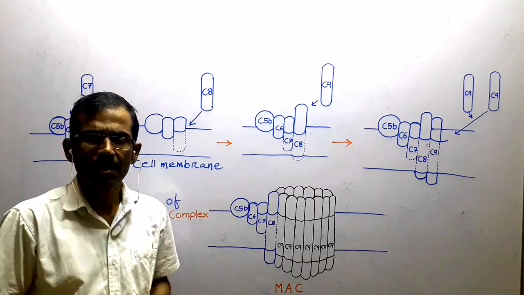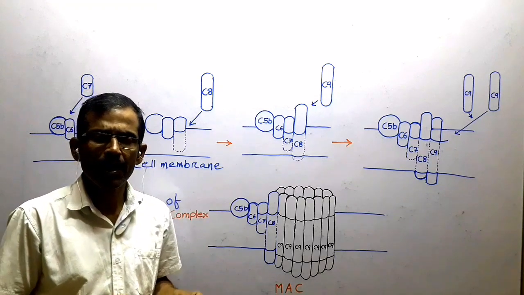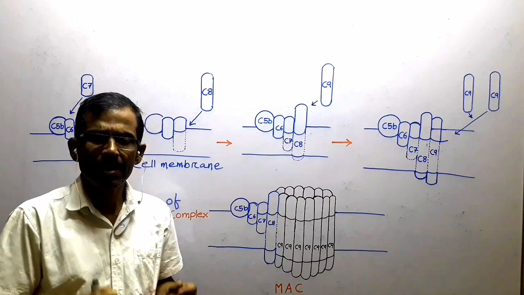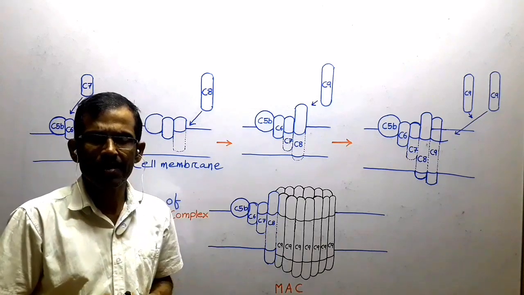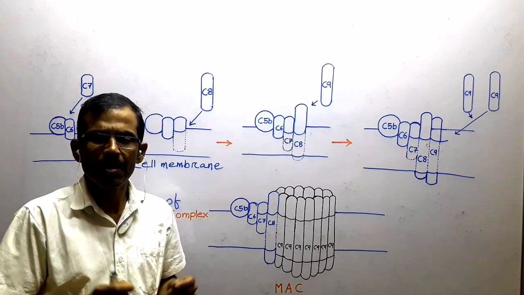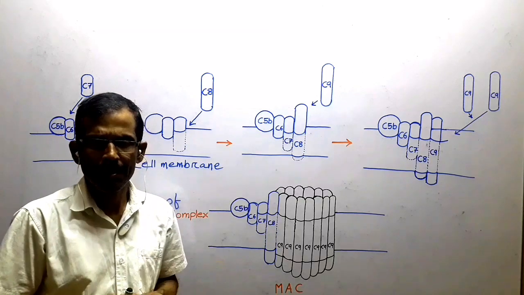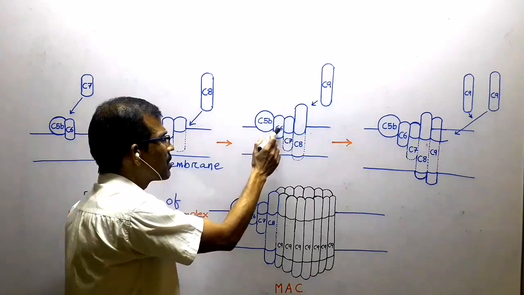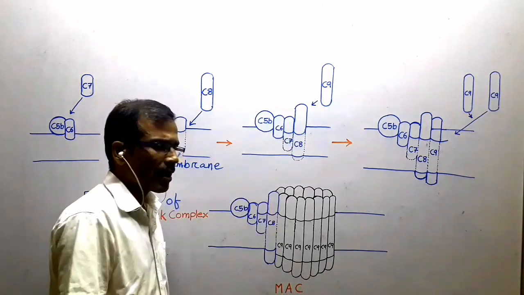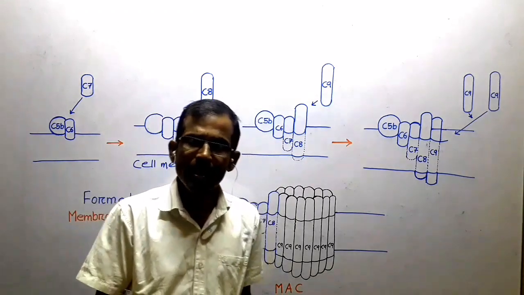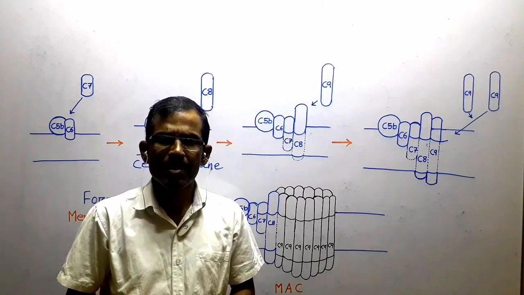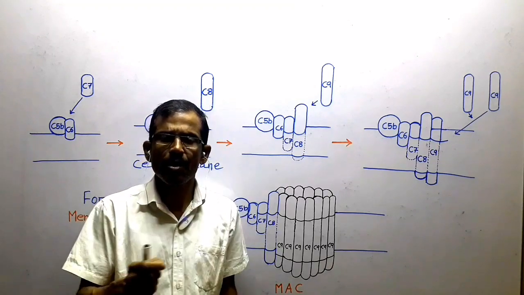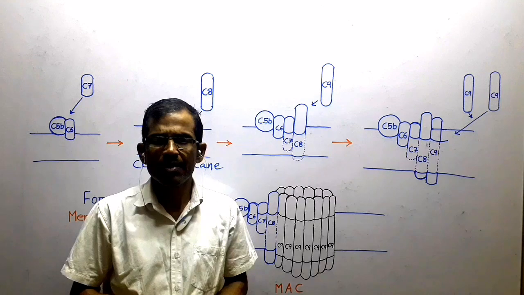As a result, the hydrophobic domain of C8 alpha-gamma inserts into the interior of the plasma membrane. This complex of C5b678 can create a pore that can cause the lysis of red blood cells but not that of nucleated cells.